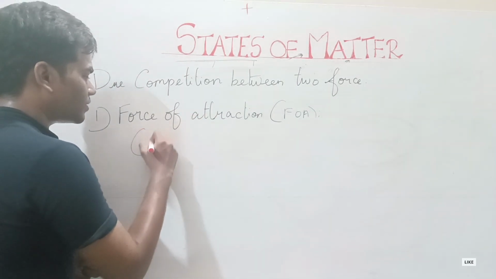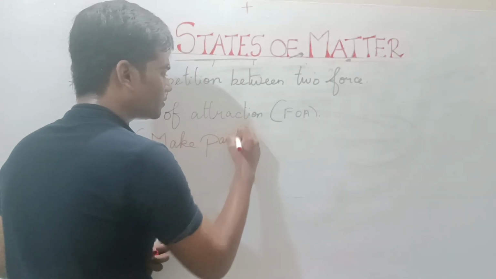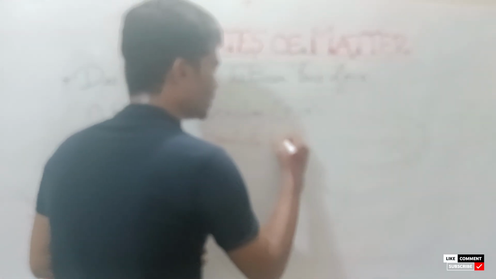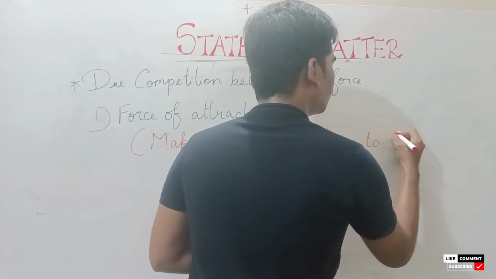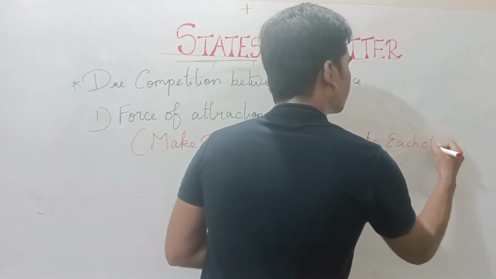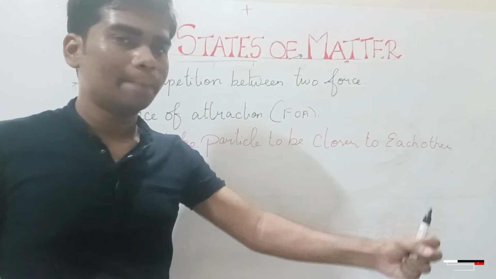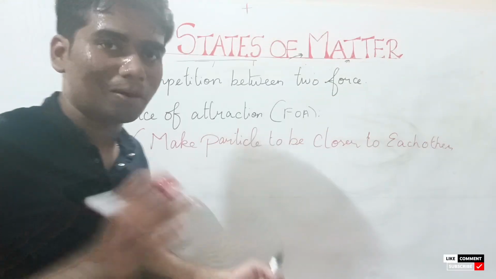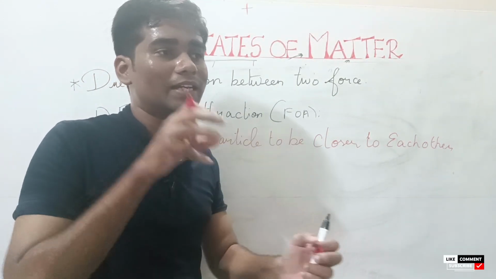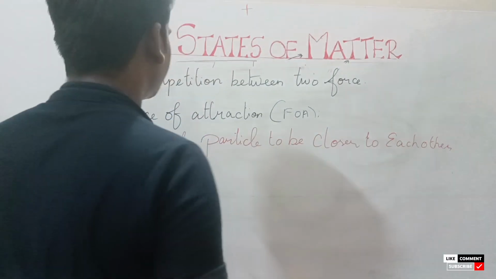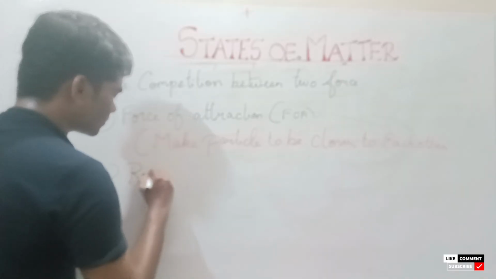This force of attraction makes particles to be closer to each other. Like it will pull the neighboring particle towards it to form a bond, or to be close enough to form a closed structure. And the second one is repulsive force.